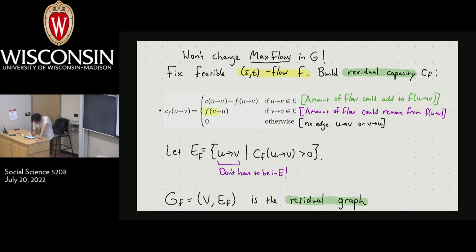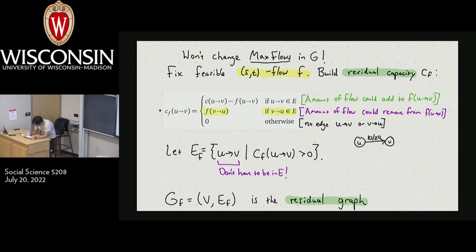In the second case, if the reverse edge exists in the graph, then the capacity is the flow of V to U. You could think of this as the amount of flow we could remove from an edge. So if you had some edge U to V, then in the residual, so this is U to V, and let's say there's 10 out of 20.